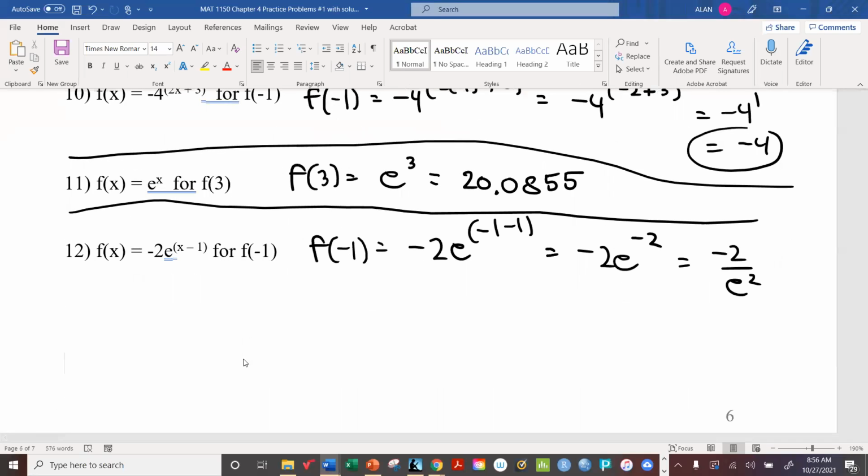And should you plug that into your calculator, e squared is approximately equal to 7.389. And so you're going to get roughly -0.27. Okay, about -0.27.